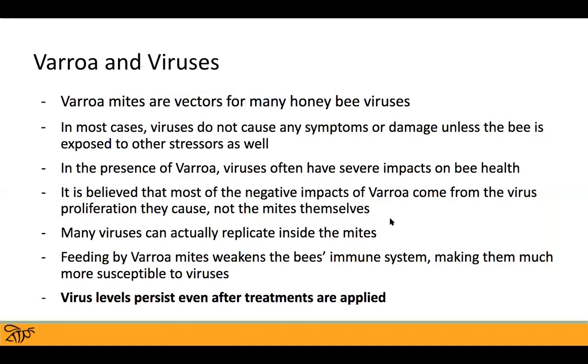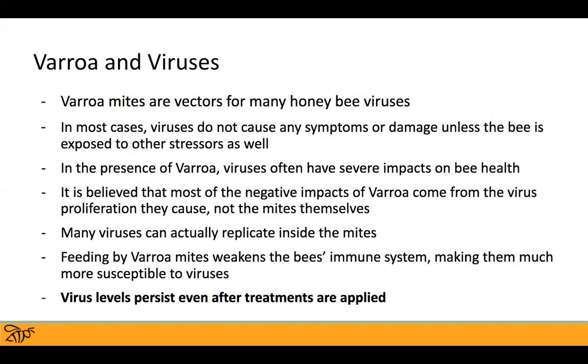All right, so moving along with immunity, we're going to talk about the relationship between Varroa mites and viruses. Just a little bit of background, there are a whole bunch of different honeybee viruses that impact bees globally. And there are a whole bunch of different ways that these viruses are transmitted.